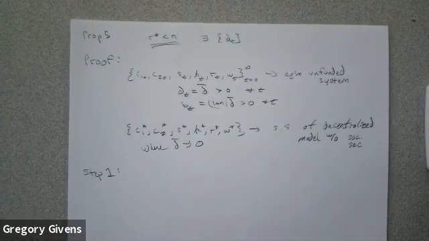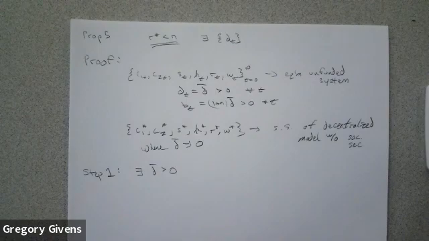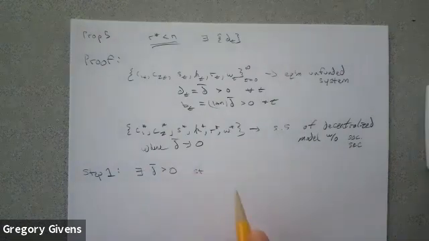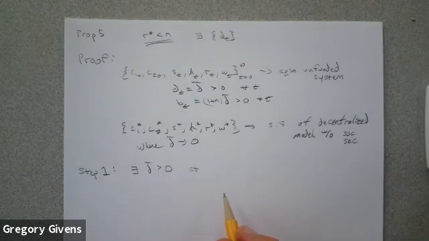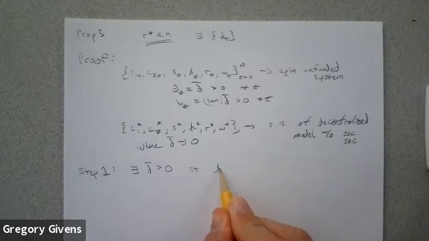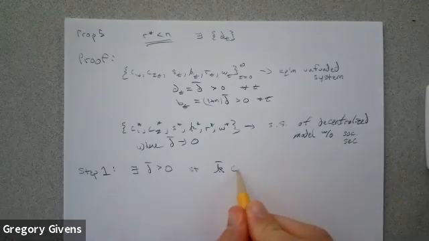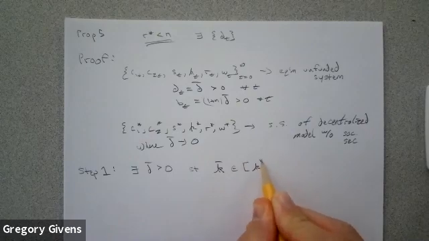In step 1, I want to show that there exists a sufficiently small D bar, that is Social Security payment system, such that the steady state capital to labor ratio in the economy with Social Security, I'm going to denote that K bar, is somewhere between the golden rule steady state and the steady state without Social Security.